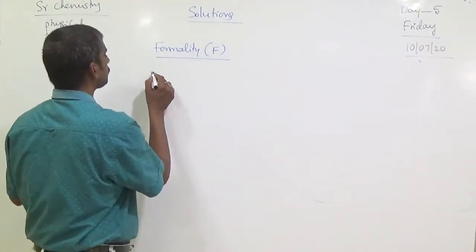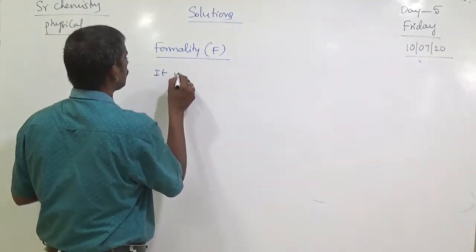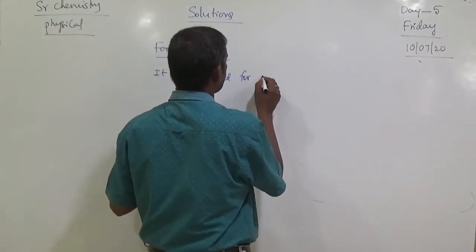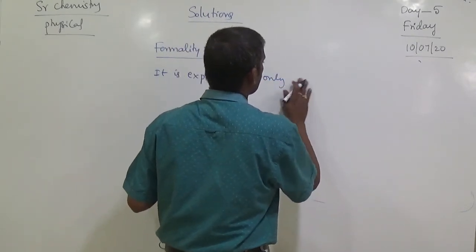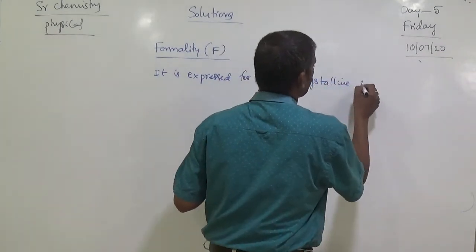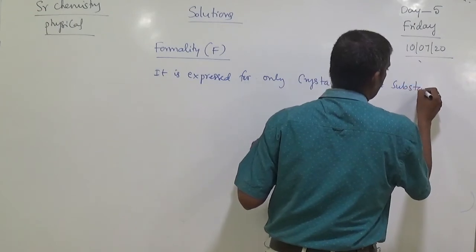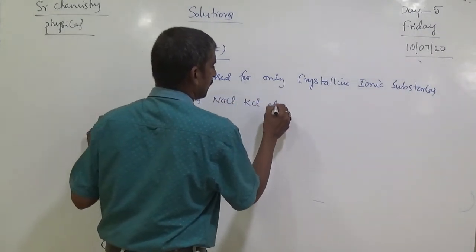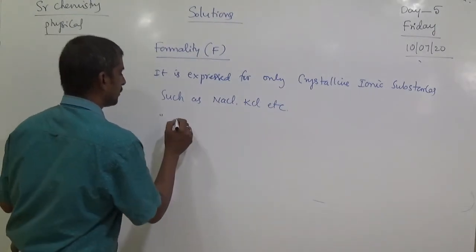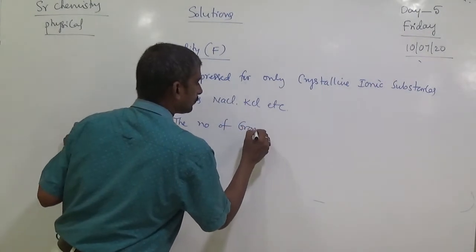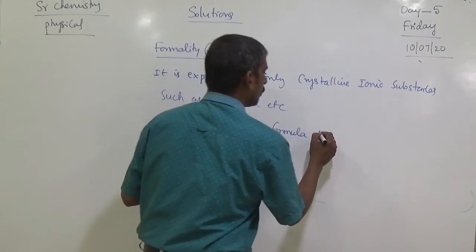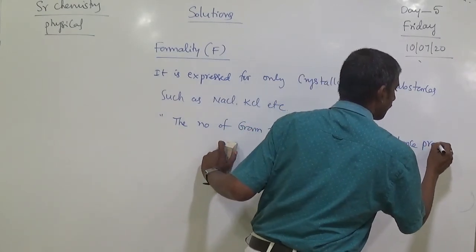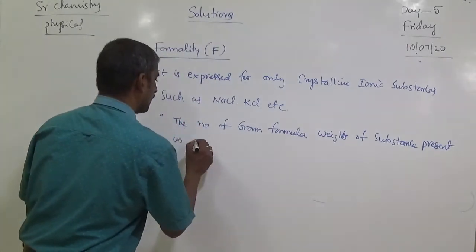So I will write the definition. It is expressed only for crystalline ionic substances such as NaCl, KCl, etc. Definition: it can be defined as the number of gram formula weights of substance present in 1 liter of the solution.